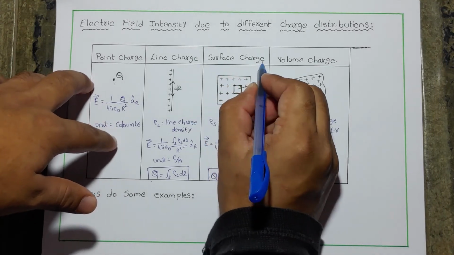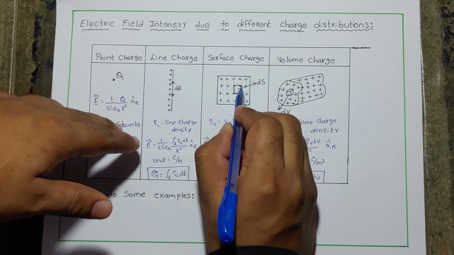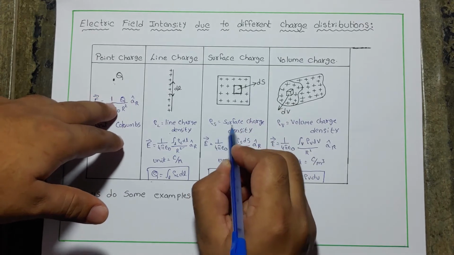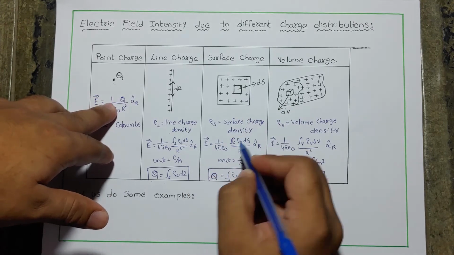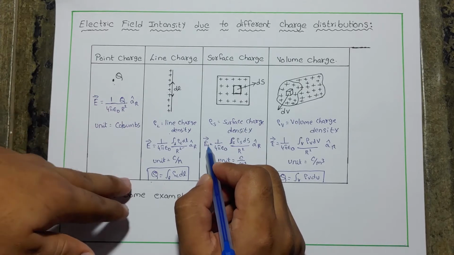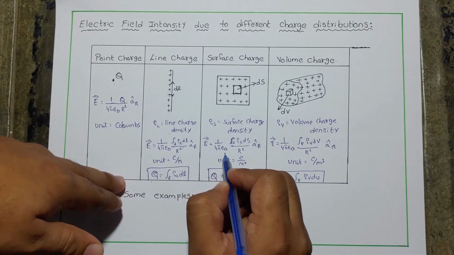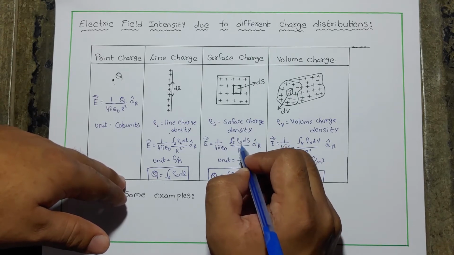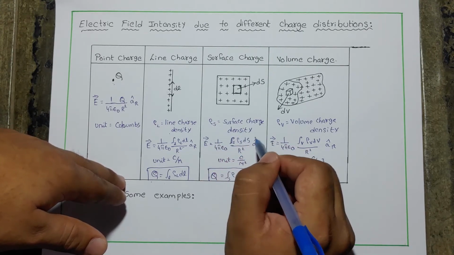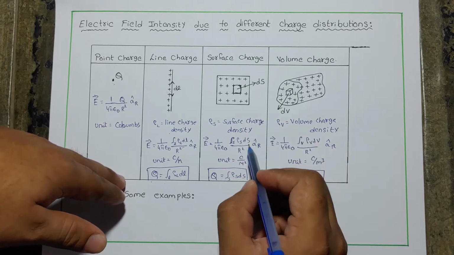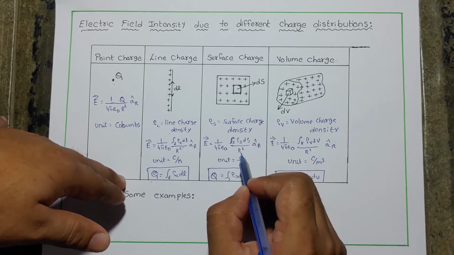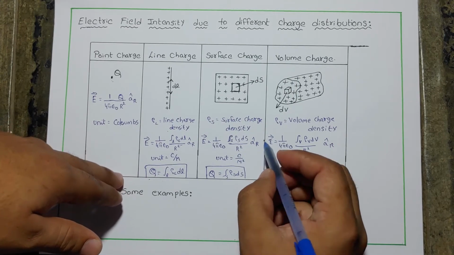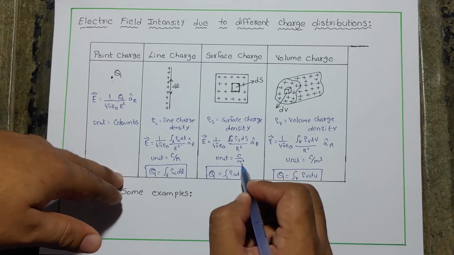Now for the surface charge, let us take a differential element of ds. Here rho s is equal to surface charge density. Electric field intensity is equal to 1 by 4 pi epsilon naught, which is a constant, surface integral of rho s times differential element ds, divided by square of the distance between the charges into a unit vector in the direction, and the unit for this is coulomb per meter square.